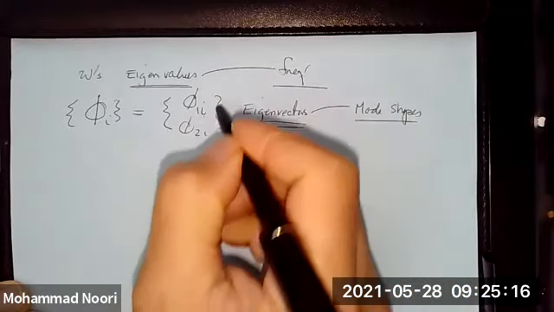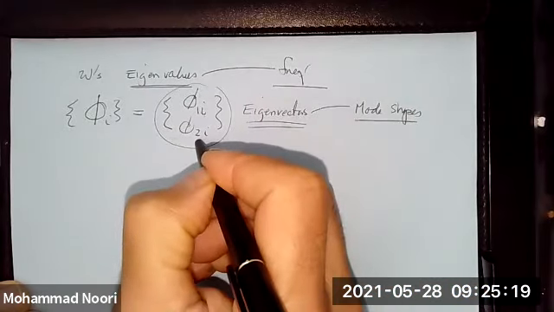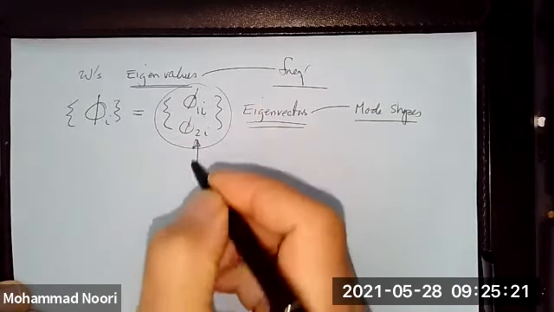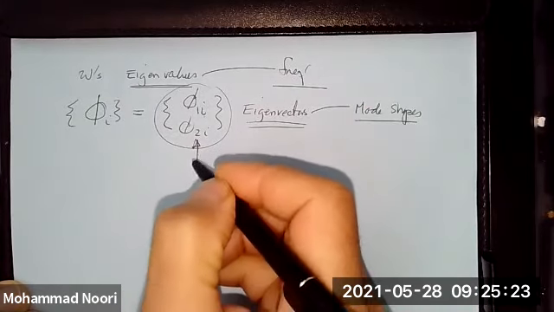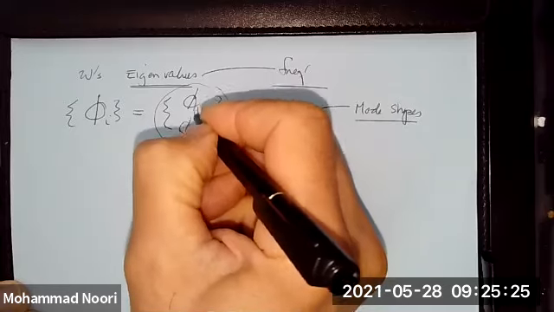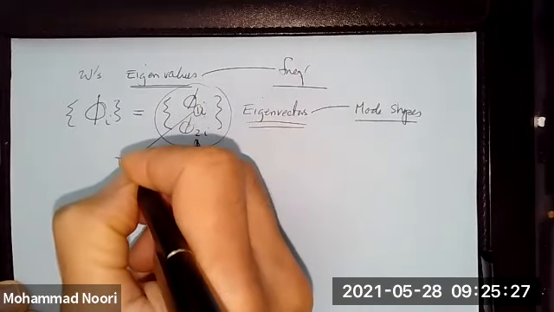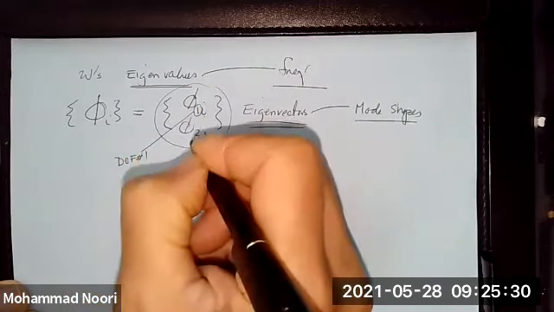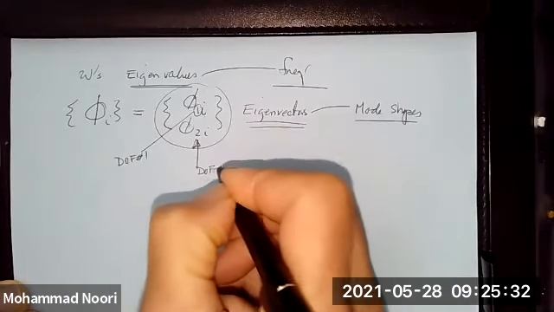And here, the first number corresponds to the degree of freedom. In other words, this is the degree of freedom 1. This is degree of freedom number 2.